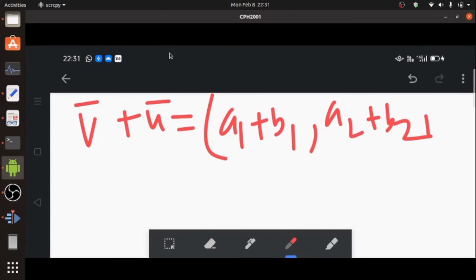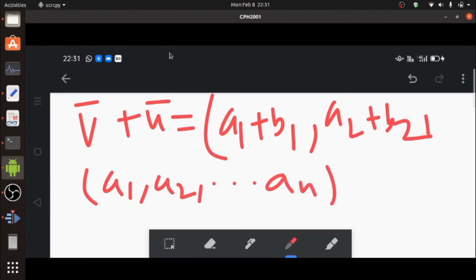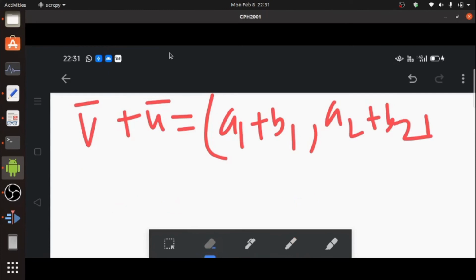We do element-wise addition of their respective components. A1 is the first component, A2 is the second component, and An is the nth component of V bar, up to An plus Bn. This is called the addition of two vectors.